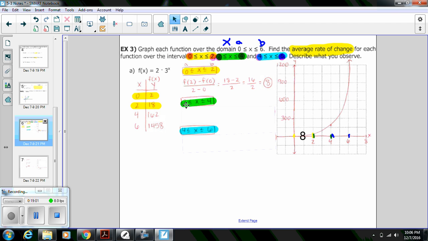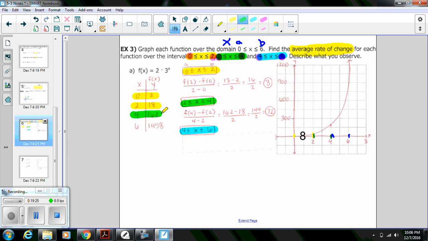Now I'm doing this for the interval 2 to 4. I'm going to follow the same exact process. I have my formula, and I'm plugging directly in. So I get f of 4 minus f of 2 all over 4 minus 2. Again, to find what f of 4 equals, I go to where 4 is plugged in.